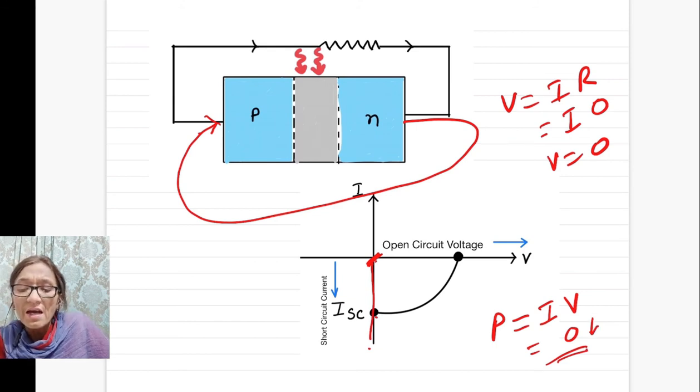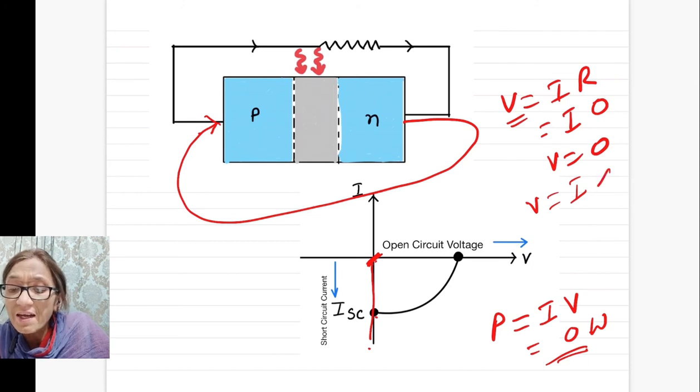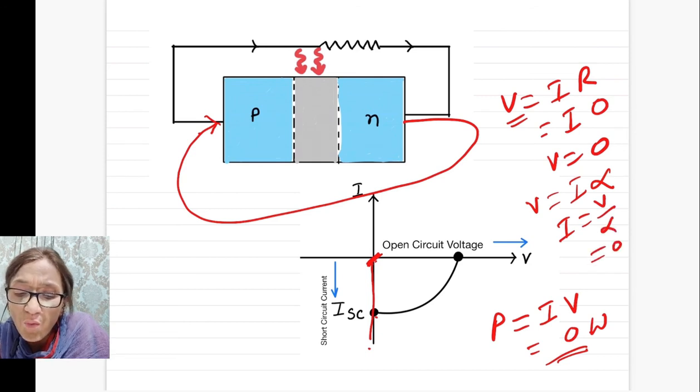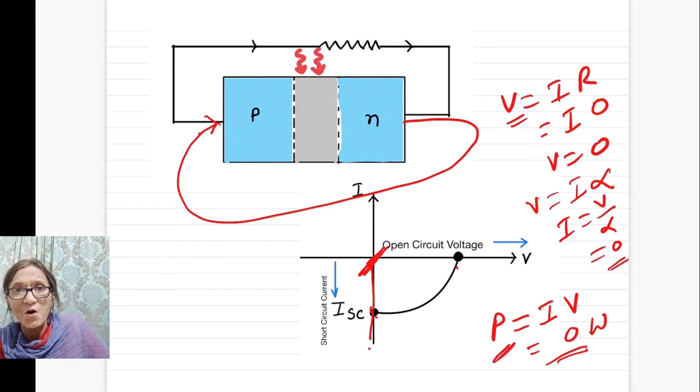And open circuit, when resistance is maximum, this is the second case. When resistance becomes infinity in open circuit, then I is equal to V by infinity, it becomes 0. So in open circuit, current becomes 0. So in these two cases, power will be 0. In any case, power will be 0.